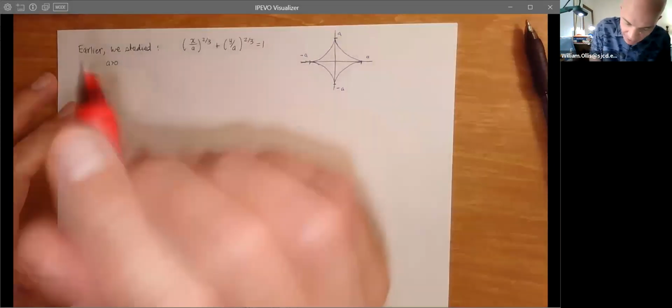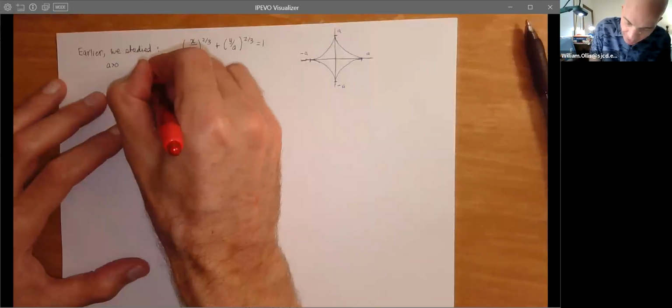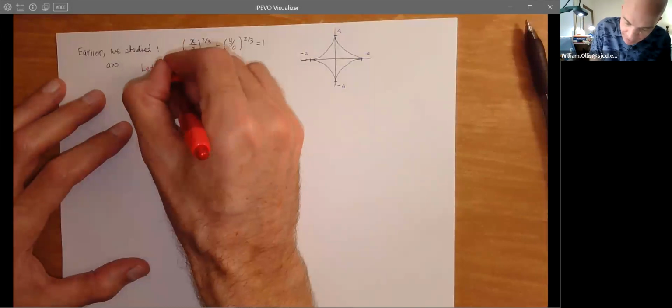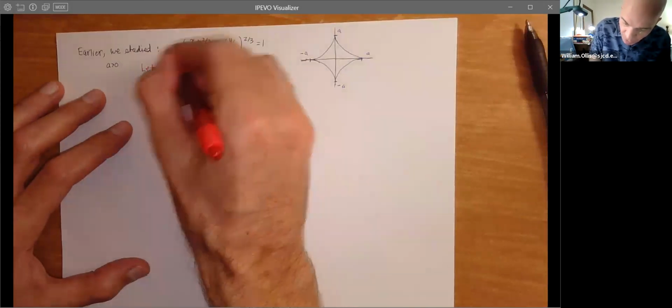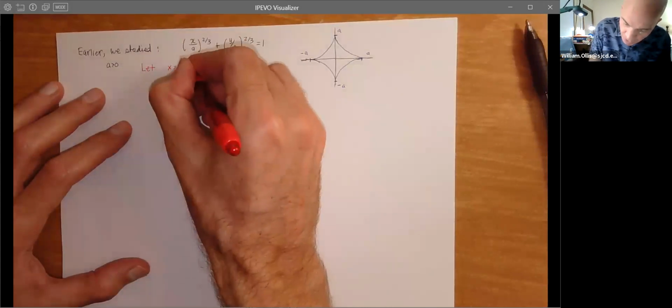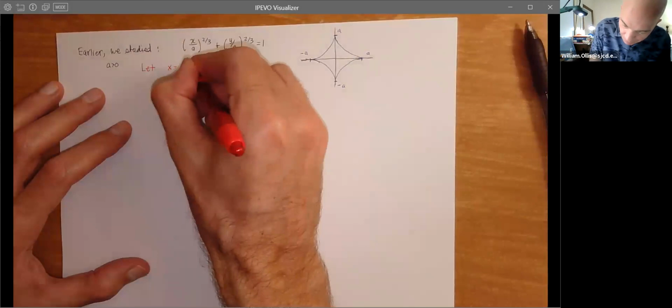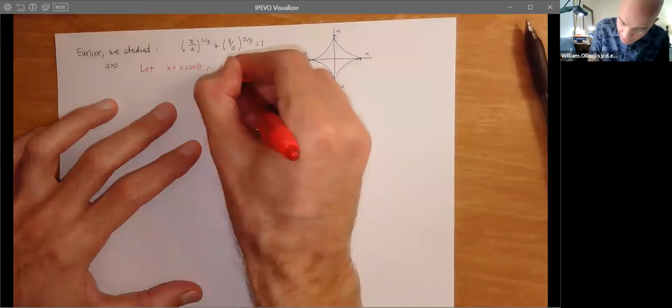So here we can say, let X equal, at least for now, A cosine theta and Y equal A sine theta.